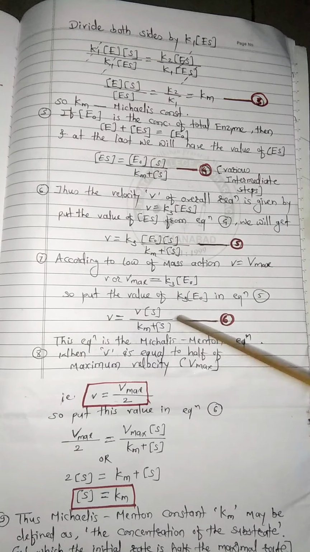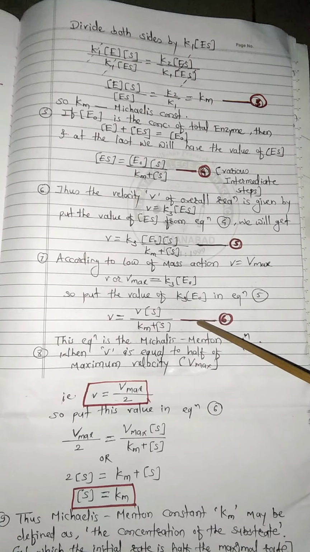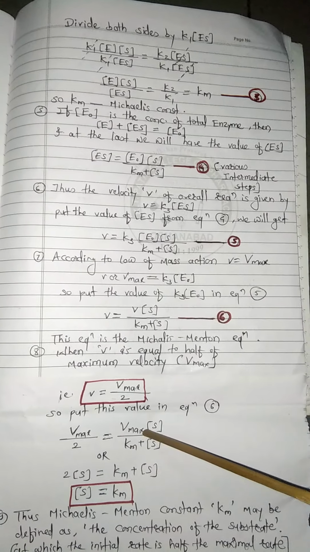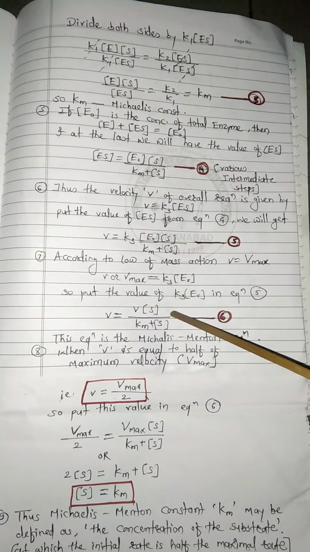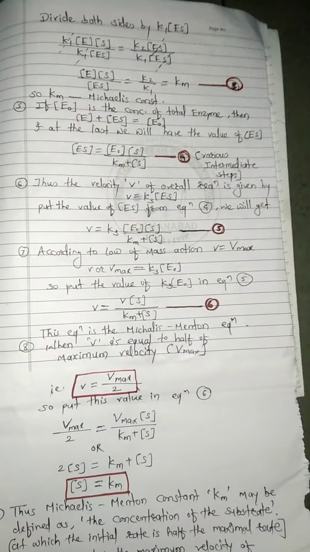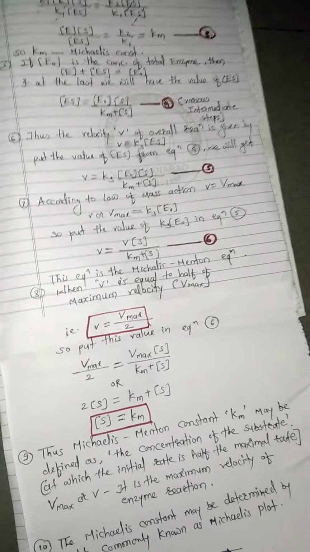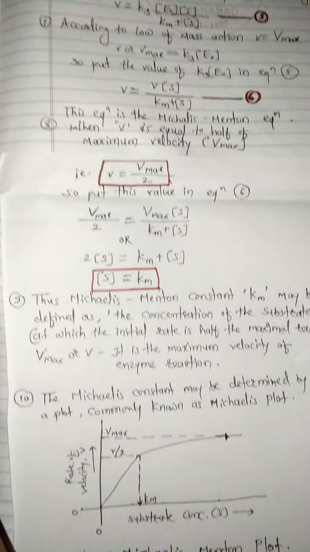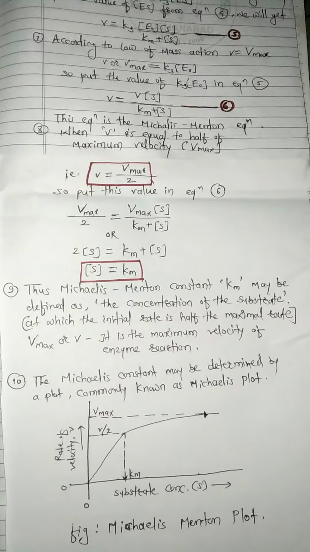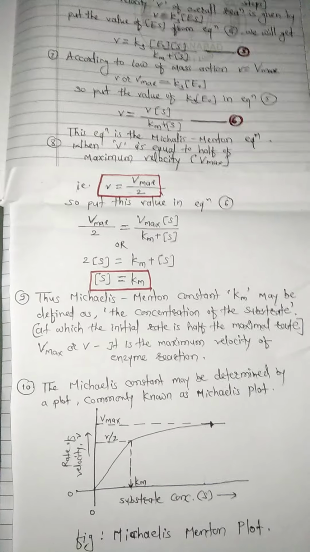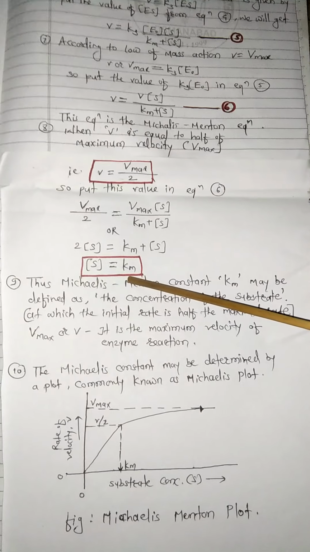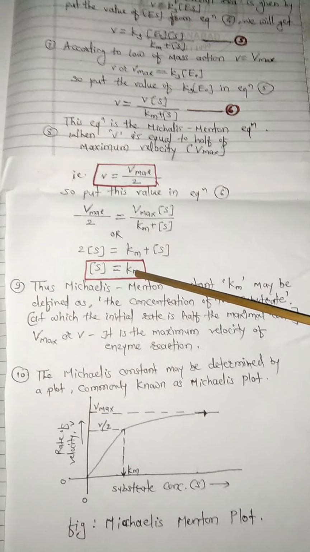In place of V we put Vmax by 2, equal to Vmax S divided by Km plus S, and finally we will get S, that is substrate, equal to Km. So these two important equations are the basis on which we focus on the overall Michaelis-Menten equation.